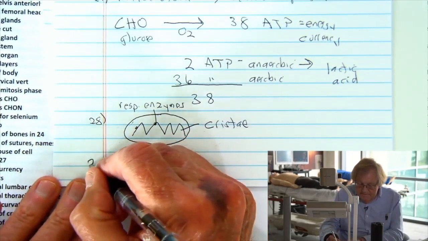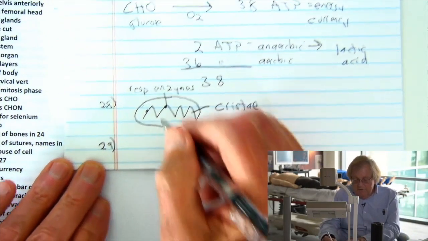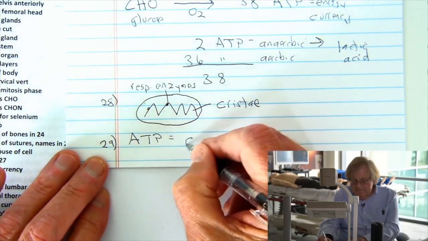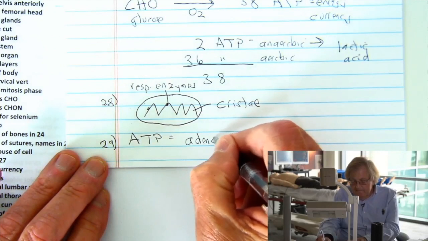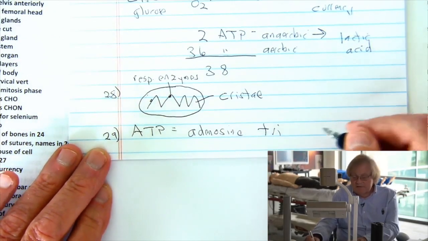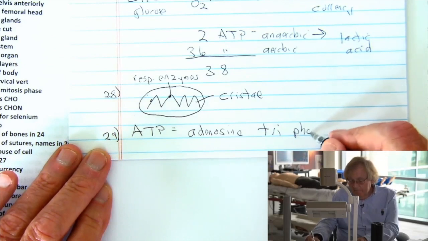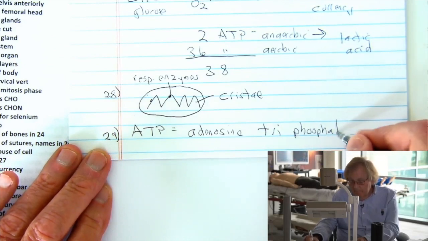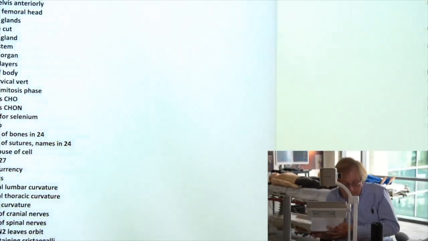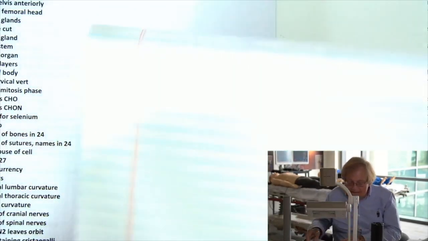29 says the energy currency. And we, of course, know that's ATP, and ATP is adenosine triphosphate. Number 30 says soft spots.